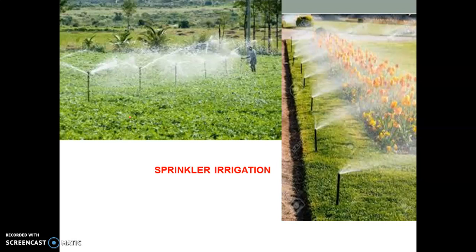But one disadvantage in sprinkler irrigation is that as the water is applied on the surface, some amount gets seeped into the soil and some amount remains on the plants, on the leaves of the crops, and it gets evaporated in the heat of the sun. So that is one disadvantage of sprinkler irrigation. So I hope you have understood what is sprinkler irrigation.